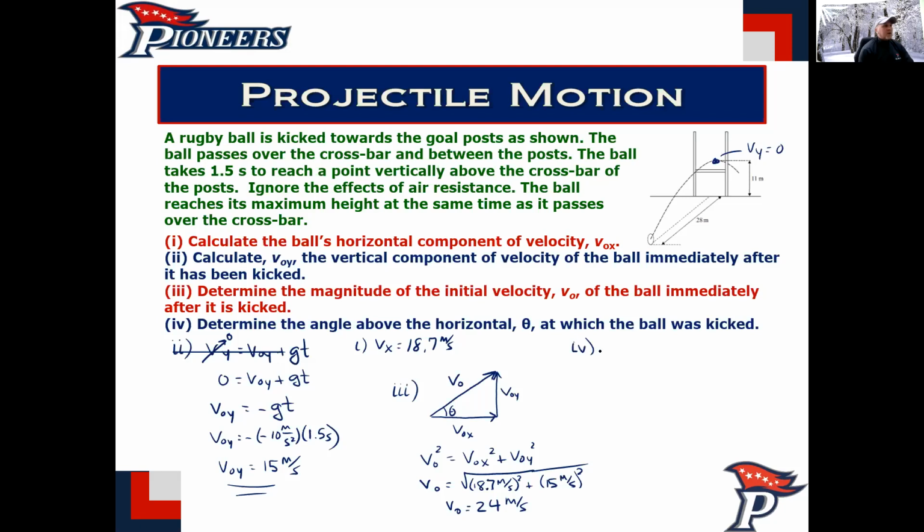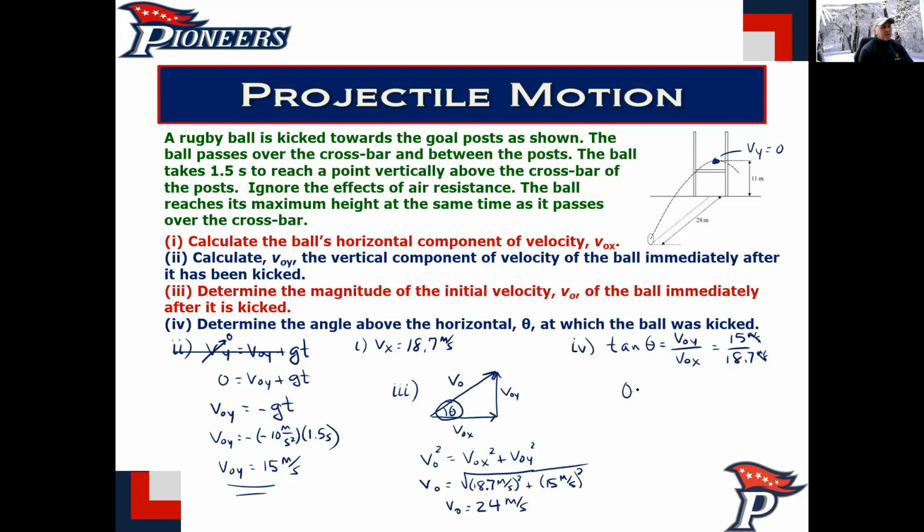And the last part says determine the angle. So that means I want to know what this is. So for that, I'm just going to use trig, right? Because we know what this is, we know what this is, we know what this is. I like using tangent, but it doesn't matter. You can use sine, cosine, or tangent. Tangent is opposite over adjacent, right? Which was VOY was 15, VOX was 18.7. You can put the units, but they're going to cancel off anyway because they're the same unit.